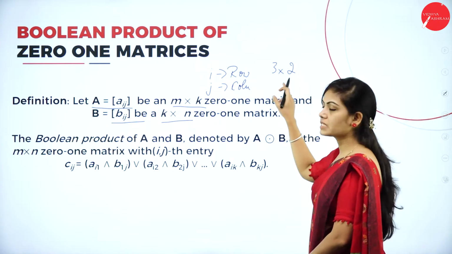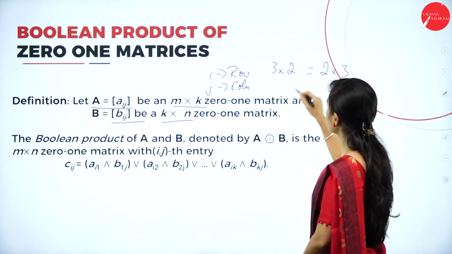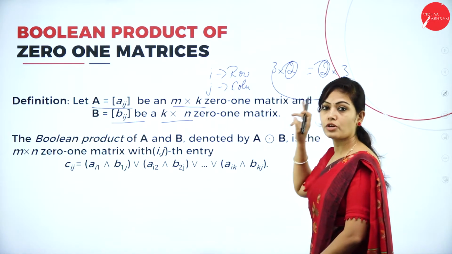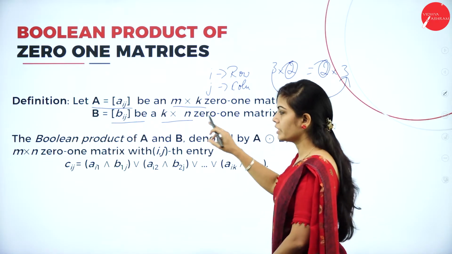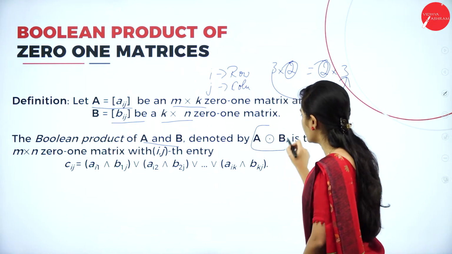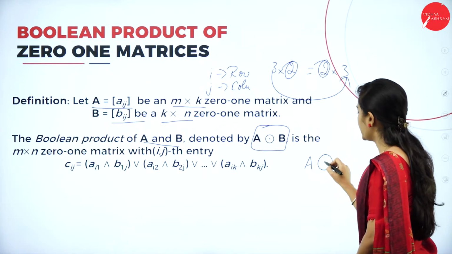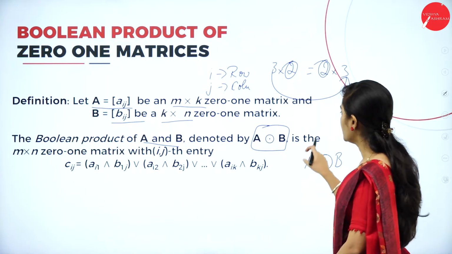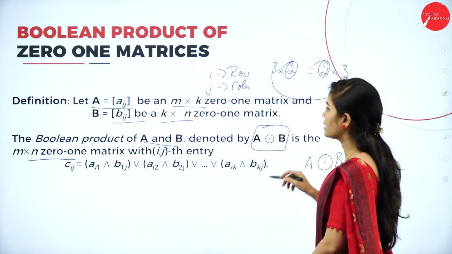For example, if your matrices are 3 cross 2 and 2 cross 3, you will get the final answer as a 3 cross 3 matrix. So m into k and k into n. The Boolean product of A and B, denoted by A Boolean operator B, is the m into n 0-1 matrix with ij entry.